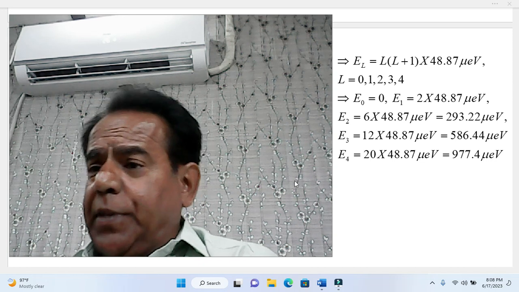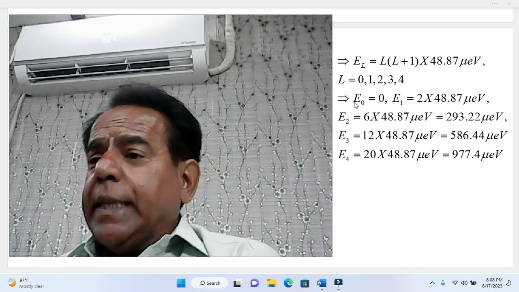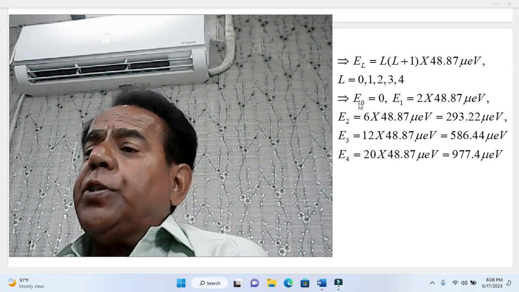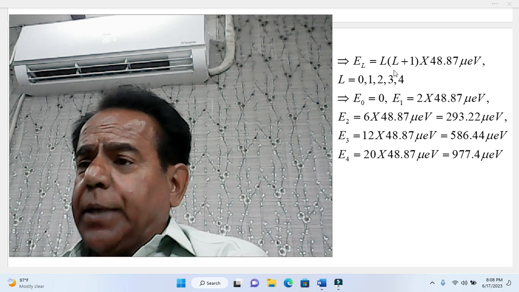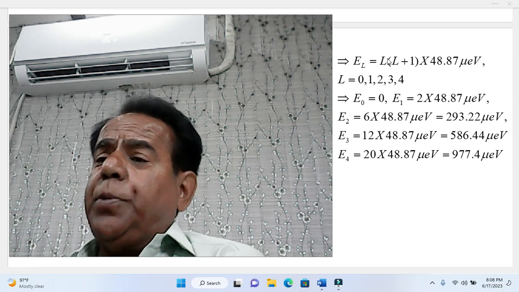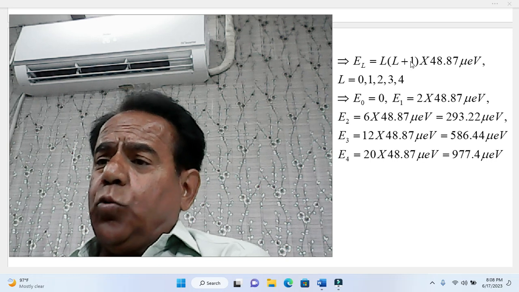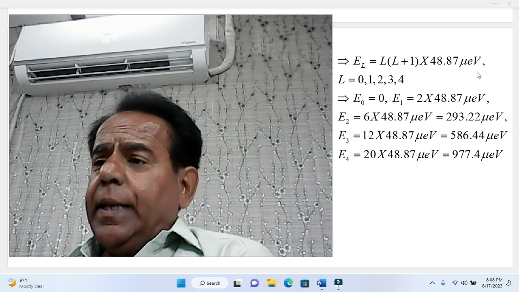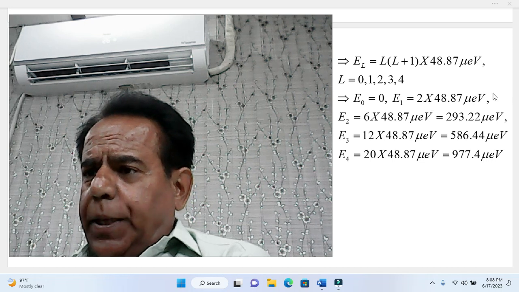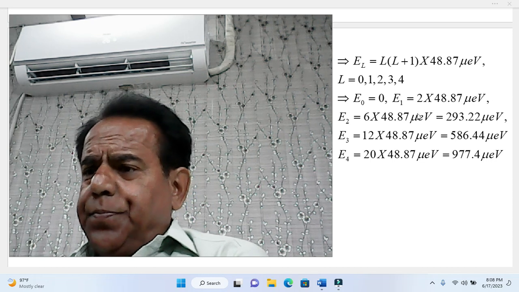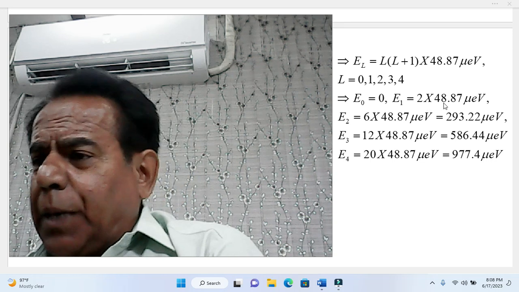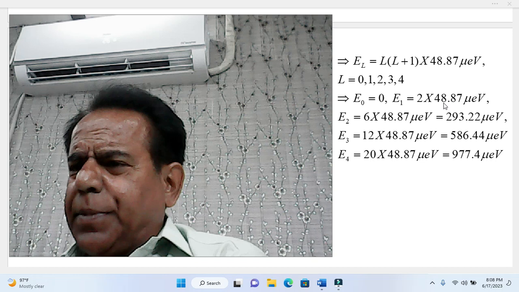Okay, so when we put L equal to 0, then E0 is equal to 0. When we put L equal to 1, then E1 will become equal to 2 into this. Okay, because 1 into 1 plus 1 equals 2, and hence it will be multiplied by 2, and when multiplied with 2, it will become 96 point something micro electron volt.